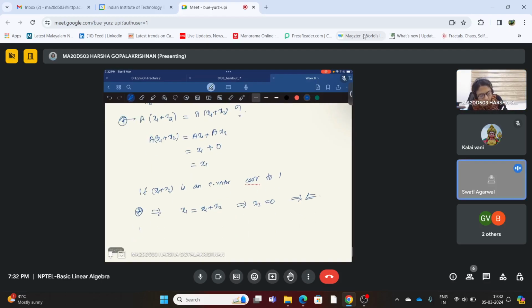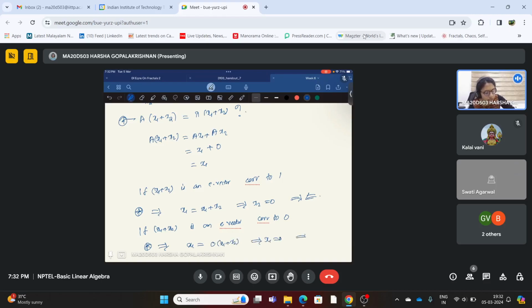Now the second case is if x1 plus x2 is an eigenvector corresponding to 0. Then x1 equals 0 times (x1 plus x2). That implies x1 equals 0.